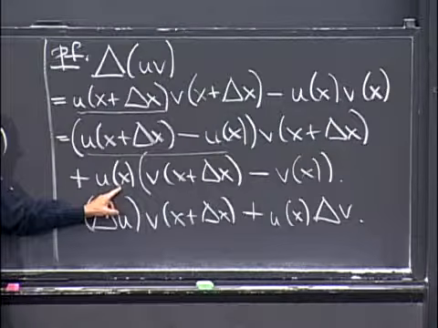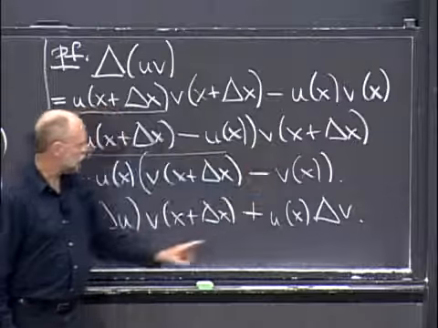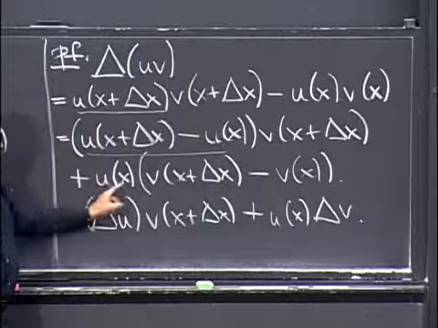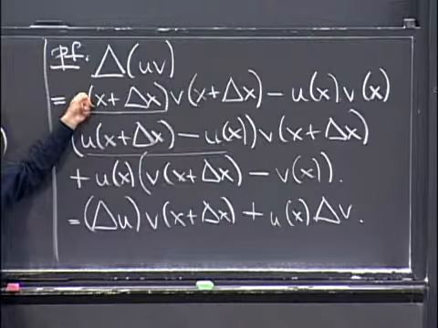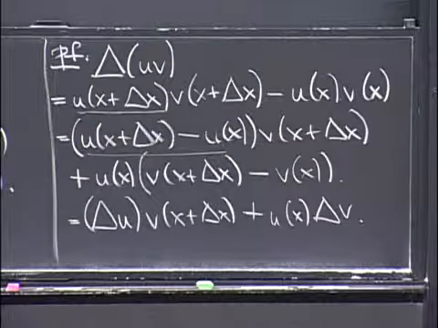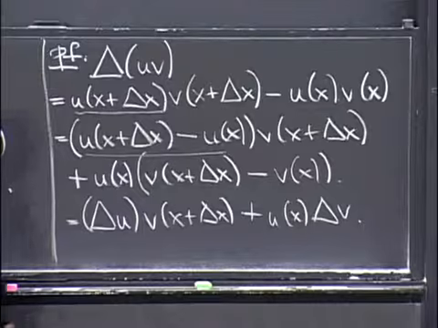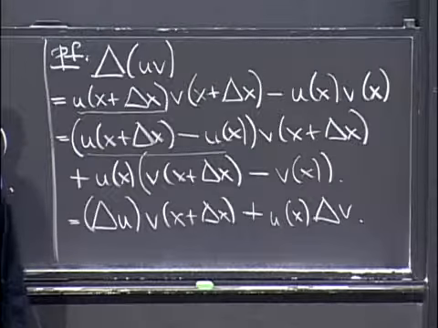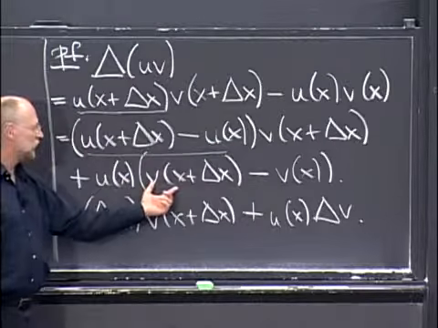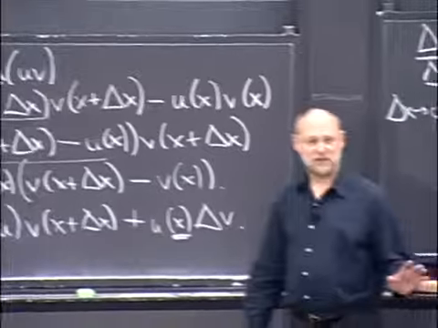So they cancel, and what's left is u of x plus delta x times v of x plus delta x minus u times v, and that's just what I started with. But wouldn't the addition and subtraction cancel? I canceled out this term, and what's left is the ends. Any other questions, though? Yes?